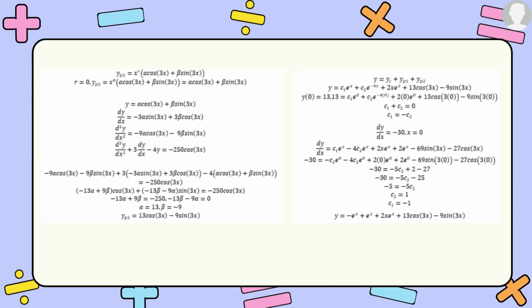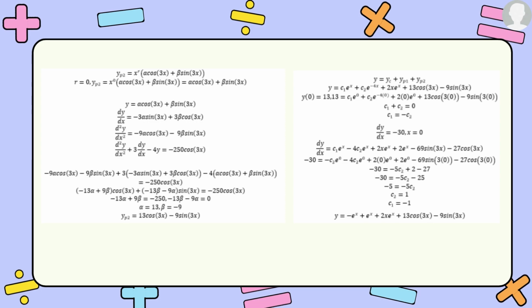So from the equation, we just need to substitute dy dx with negative 13 and x with 0. Then we will get negative 13 equals negative 5c2 plus 2 minus 27. Then we will get c2 is equal to 1.